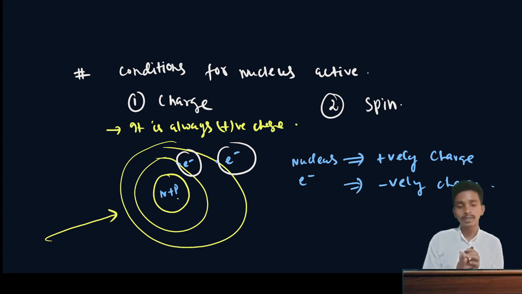Based on charge, we can't distinguish what type of nucleus it is. So the next condition is spin.